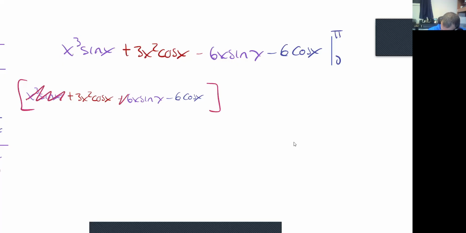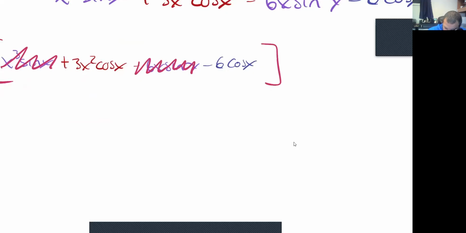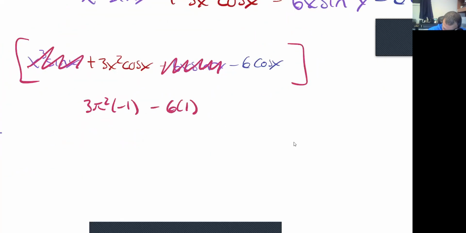This is also going to be gone. So we're going to get a 3 pi squared. Cosine of pi is equal to -1. Minus 6 times -1. So this becomes negative 3 pi squared plus 6.